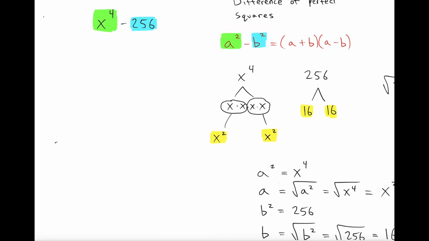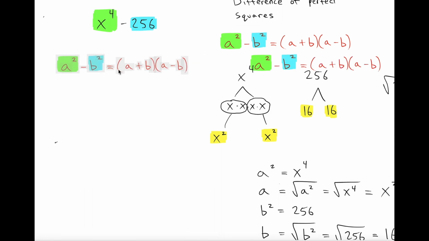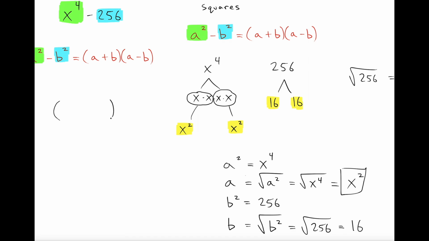We now want to use the identity and plug the right things in for a and b. So our a is x squared.